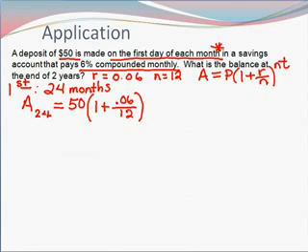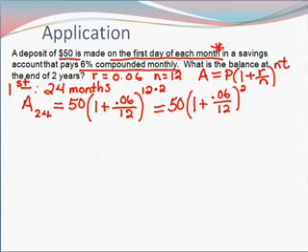And A24 spends 24 months, which is 2 years, so 12 times 2. So A24 is going to be 50 times (1 plus 0.06 over 12) to the 24th power.